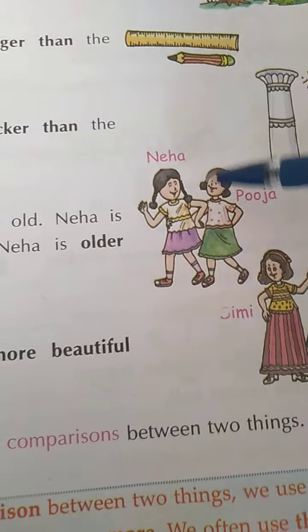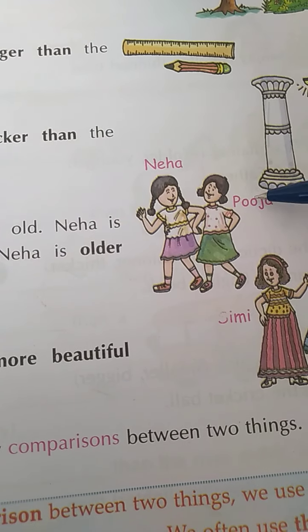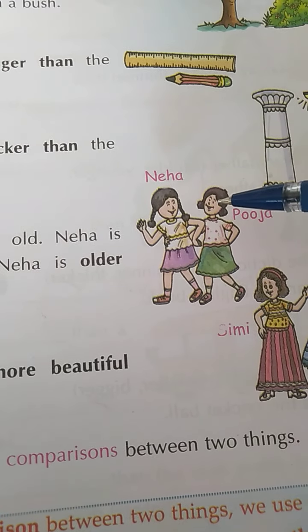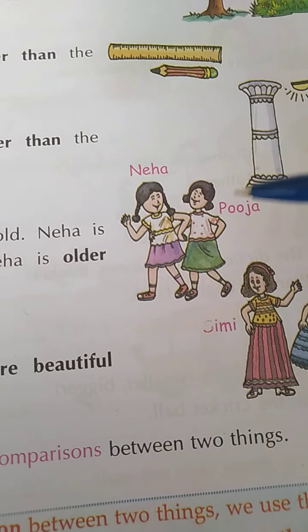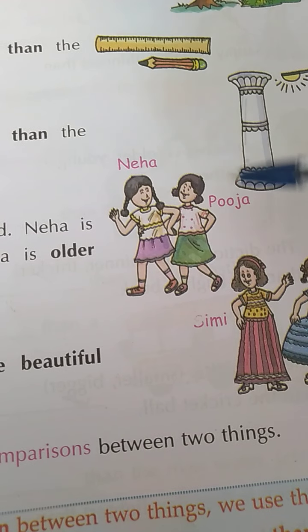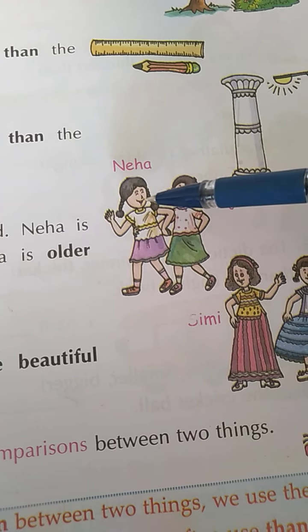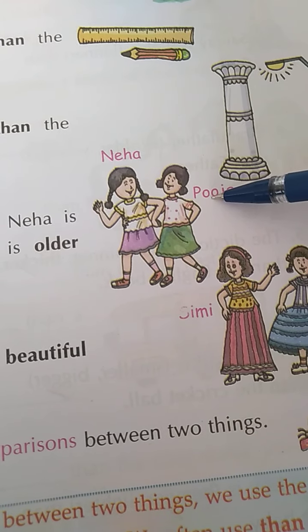So here you see the picture is also given, and here this is Neha and this is Pooja. The statement tells that Pooja is 6 years old and Neha is 8 years old. So Neha is older than Pooja.